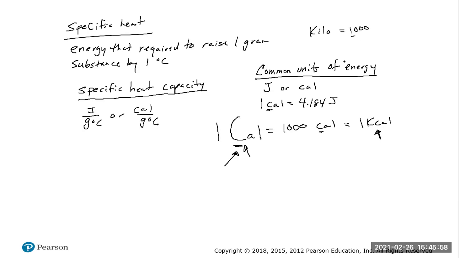There's 1,000 joules in a kilojoule, and obviously 1,000 calories, as we see down here, in 1 kilocalorie. So kilocalories, kilojoules, joules, and regular calories are, I guess, four common units for energy, even though they're based off the same ones.